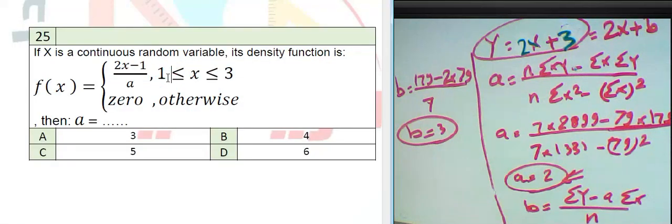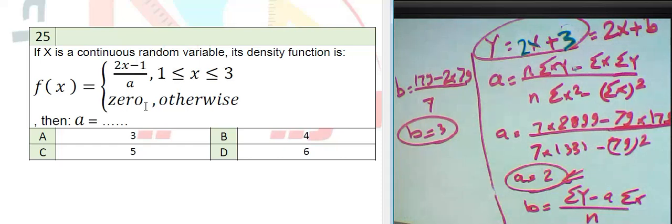Question 25. If x is a continuous random variable, its density function is f of x equals 2x minus 1 over a, on the interval 1 to 3, and 0 otherwise. Find a. We know the area equals 1 because x is a continuous random variable.